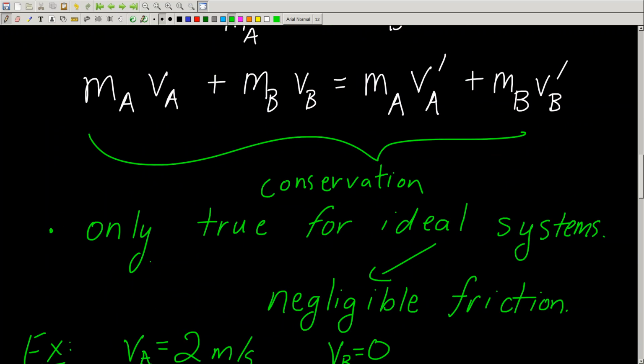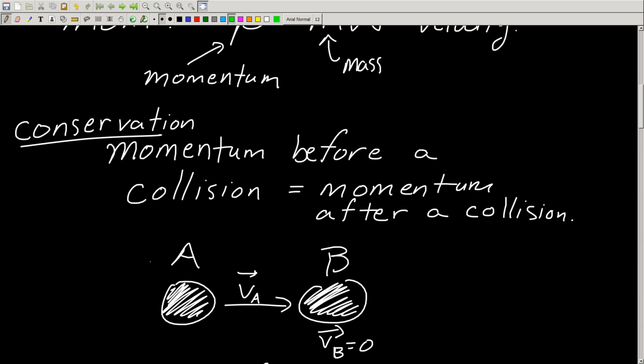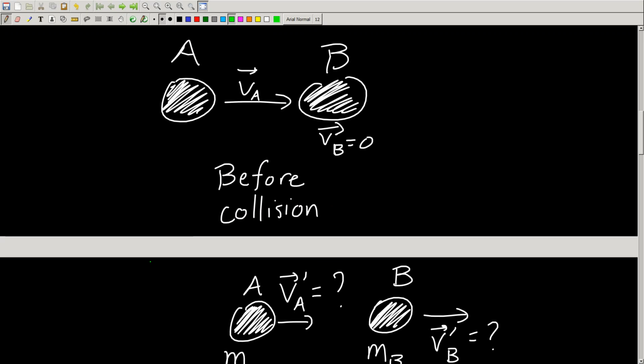Okay, so let's just go through it one more time. So how we started this lesson is we talked about momentum. We talked about what conservation meant. Conservation is momentum before a collision equals momentum after a collision. We showed an example where you have two balls, A and B. One's at rest before the collision.